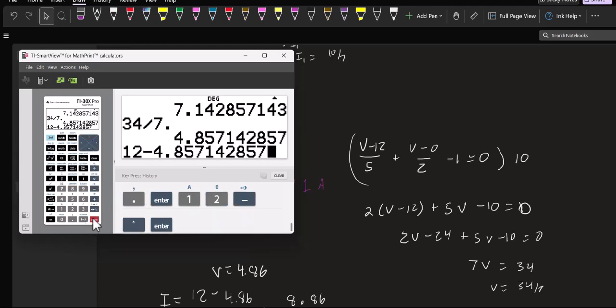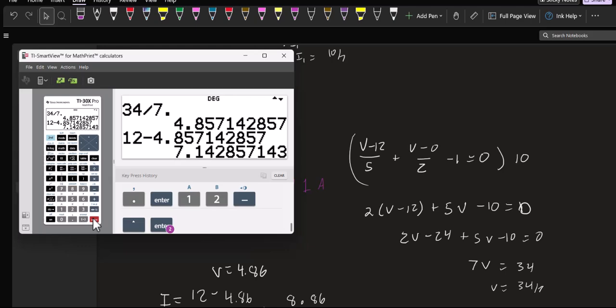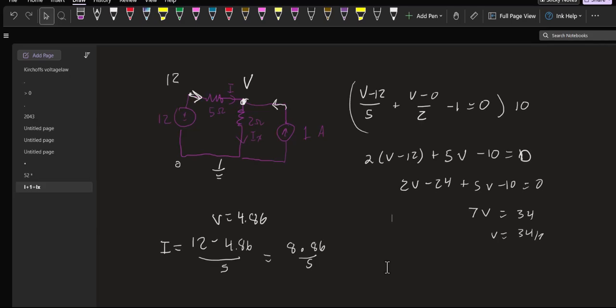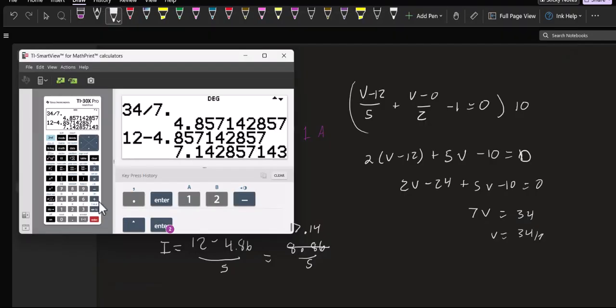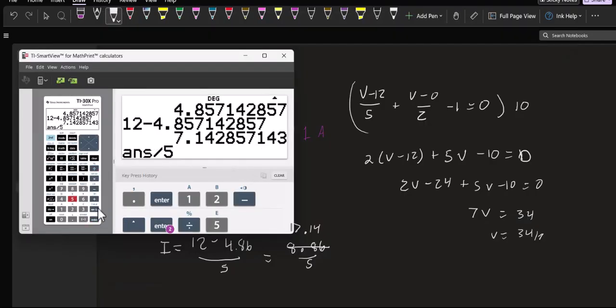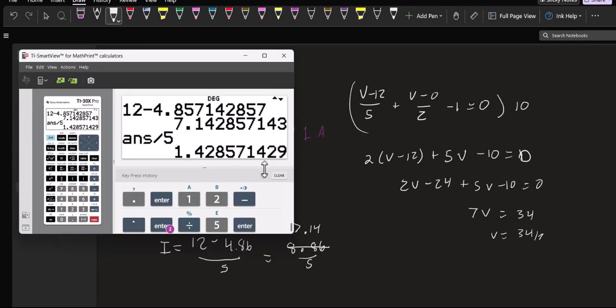There's my problem. I can't subtract. 7.14, not 8.16. So this should have been 7.14 divided by 5. Yeah, I cannot do that. 7.14 divided by 5, and 1.43.